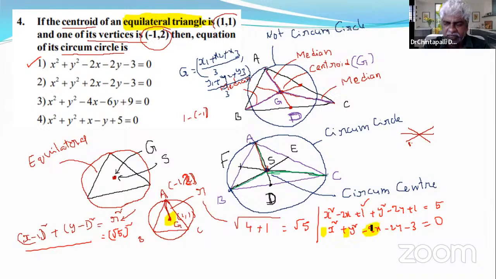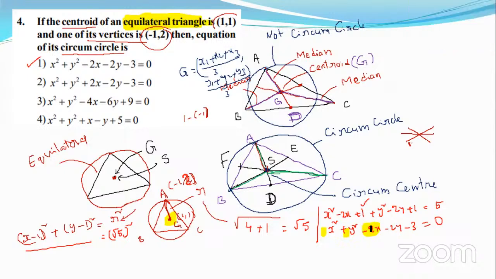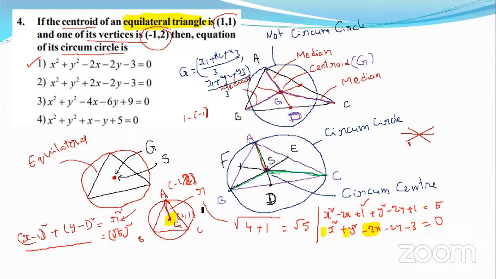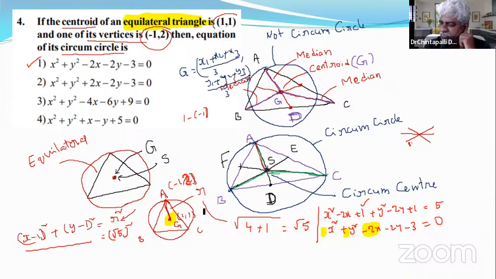What is the x coefficient? Negative 2, right? So half of x coefficient is negative 1 and its opposite sign is 1. So to get the center, we need the half of the x and y coefficients and their opposite signs.